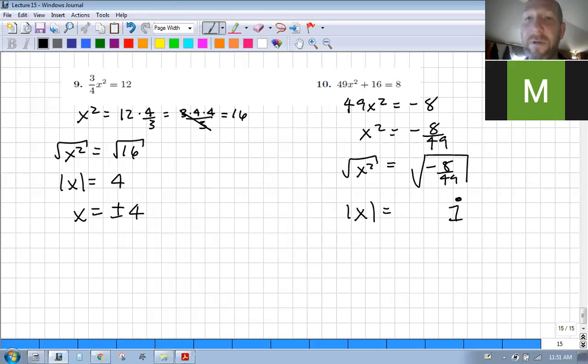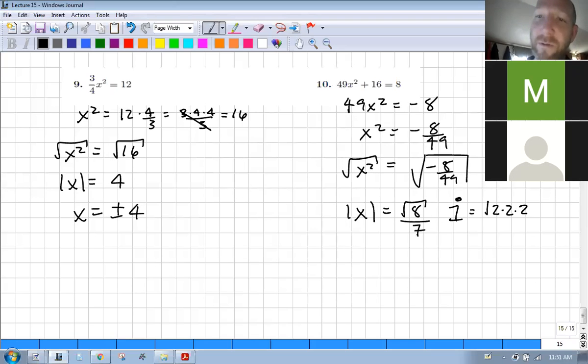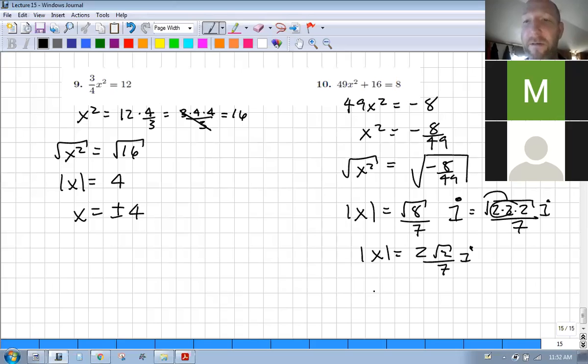We have the square root of 8, and the square root of 49 is 7. See, 8 is 2 times 4, which is 2 times 2. So we could pull those out. Okay. So pull those up. We got a 2 root 2 over 7 i. So x is plus or minus 2 root 2 over 7 with an i.